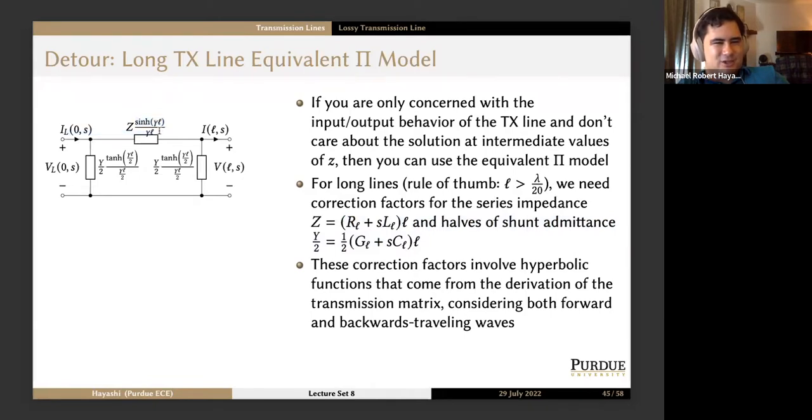So the series impedance is Z times hyperbolic sine of gamma L over gamma L. And the shunt admittance is Y over 2 times hyperbolic tangent of gamma L over 2, over gamma L over 2. And remember, these are hyperbolic functions with complex argument.